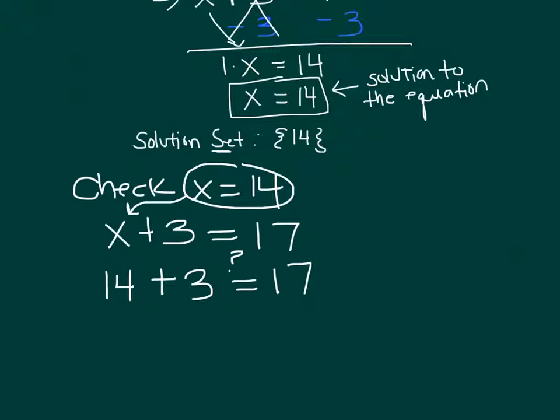If you add them, you get 17. But this is an easy order of operations. You're just adding. So 17 equals 17, check. And this is a true statement. 17 does equal 17. If you get a false statement, then you know 14 is not the answer.